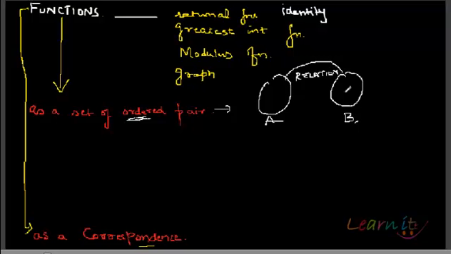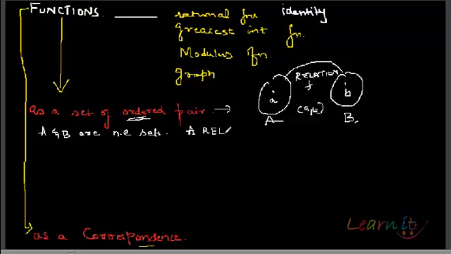Essentially, a function is a relation between the elements of the set A and the elements of the set B. A relation is a set of ordered pairs, a subset of the Cartesian product of A and B.